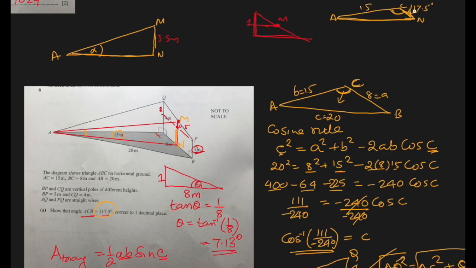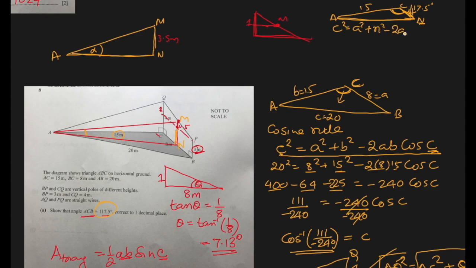So we have a side 15, a side 4, and an angle between them. We can again use the same cosine rule, which in this case will be C square equals A square plus N square this time. Why? Because we have one side N. Earlier we had B as one of the vertices. It is N now.